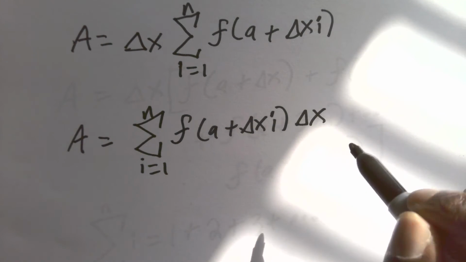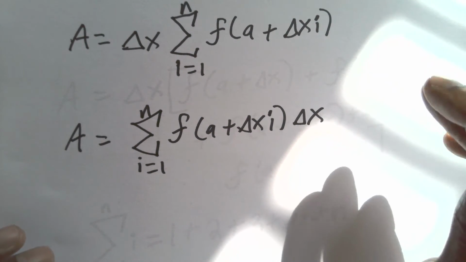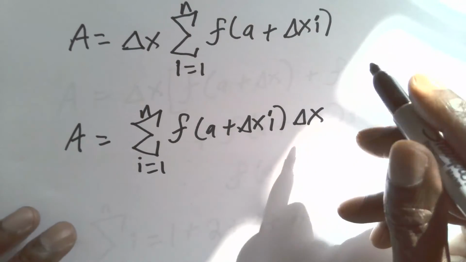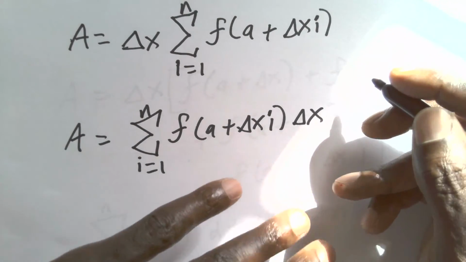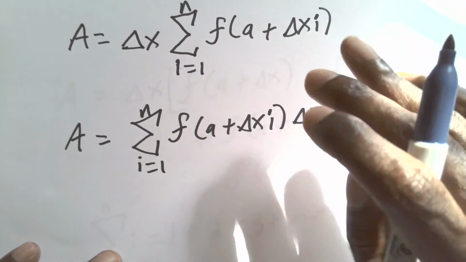And the only difference for a left Riemann sum, because you remember the left Riemann sum, you don't start with a plus delta x, you actually start with a. So the difference for a left Riemann sum, I write it in a different color here, but I'm really not going to use it for the development of my answer because it's easier to think of this in terms of a right Riemann sum.